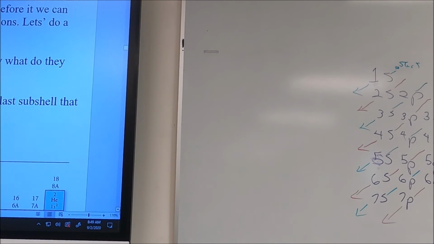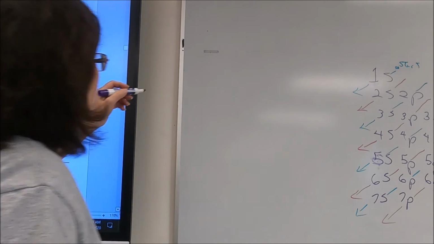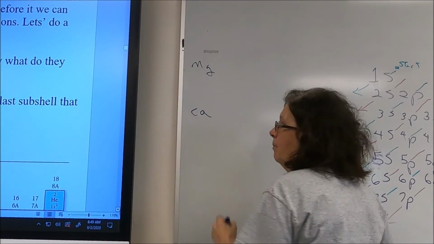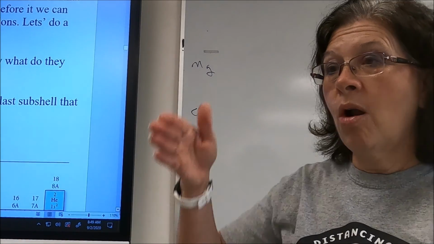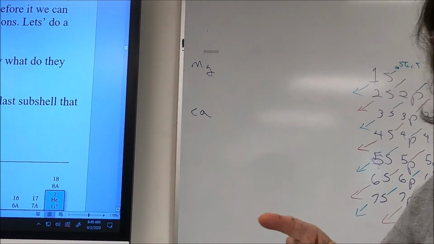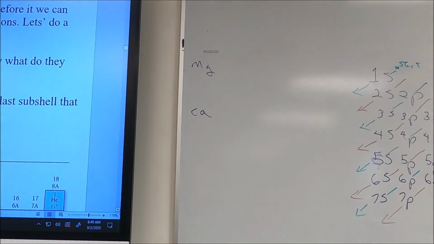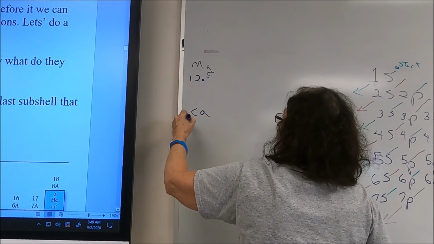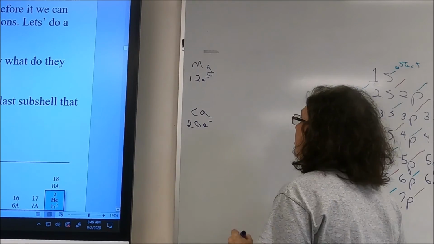So let's look at magnesium and calcium. Magnesium and calcium are in the same column on the periodic table. Now we're going to look at why they're in the same column. Magnesium has 12 electrons, calcium has 20.